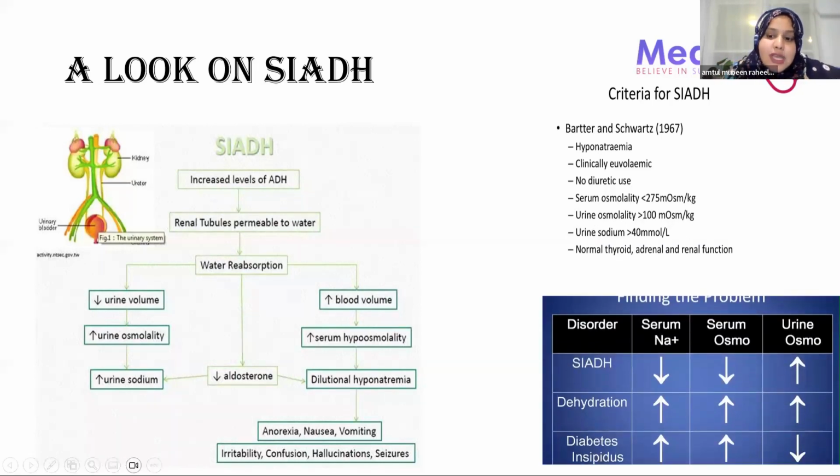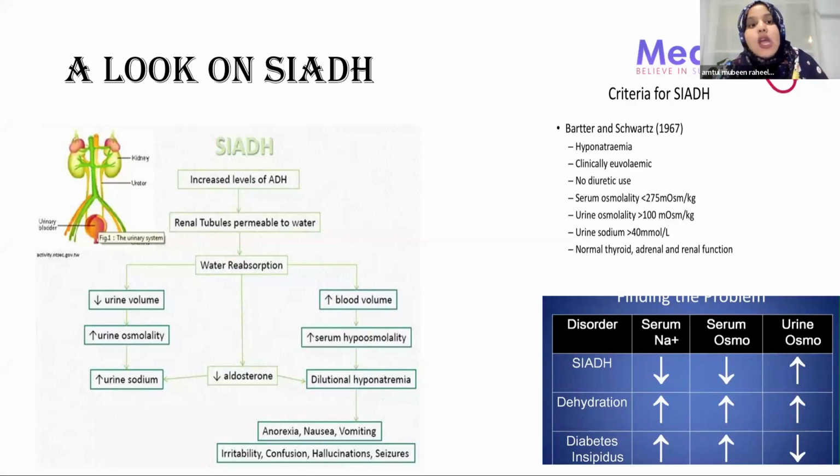Now tell me, in SIADH, what is happening? Dilutional hyponatremia? Yes. But in diabetes insipidus with dehydration, is it happening? No, we did not talk about it, because the patient is passing large volumes of water, but he's not in hyponatremia. Coming to serum osmolality, I'm not saying urine. Serum, what happens in SIADH? It becomes diluted. The person is bloated.